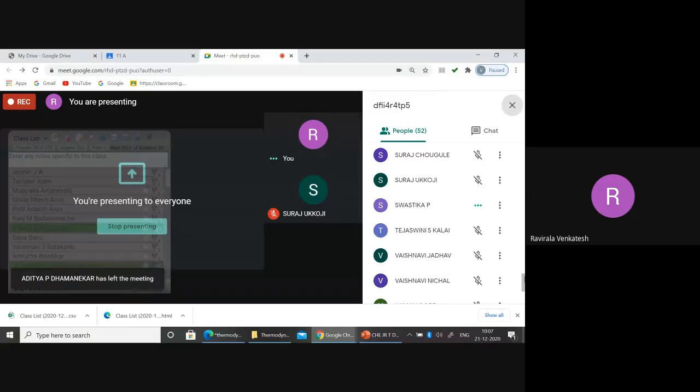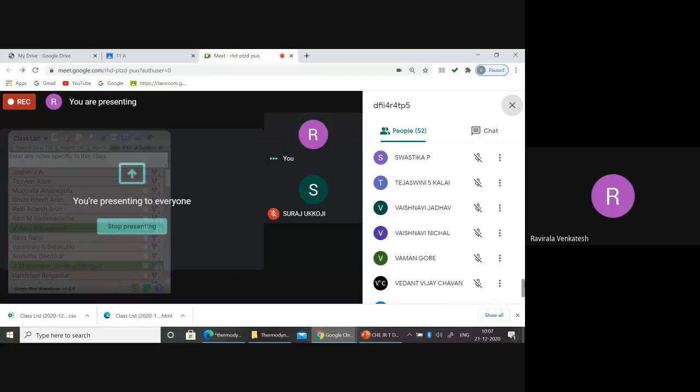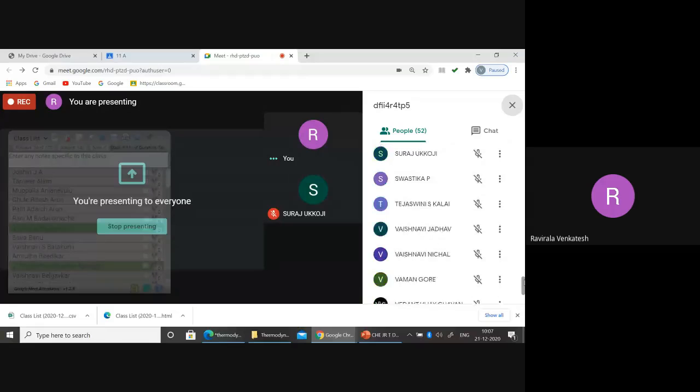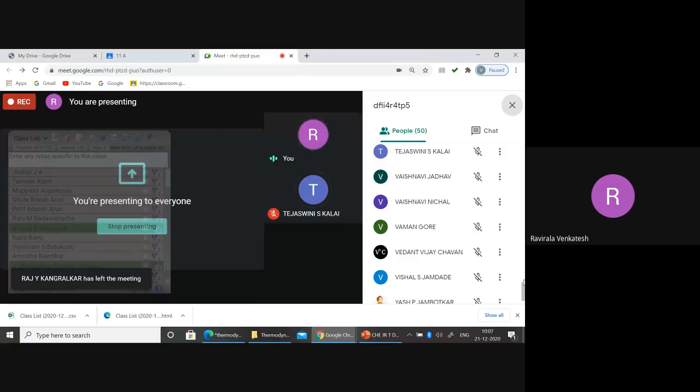Triambak, absent. Swastika, Tejaswini, Vaishnavi J, Vaman, Vedant, Vishal, present, sir.